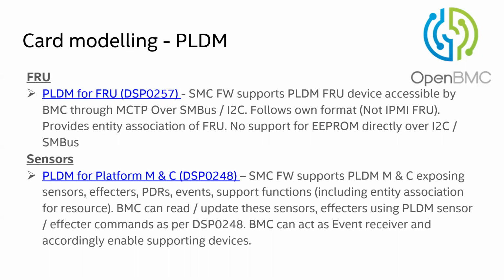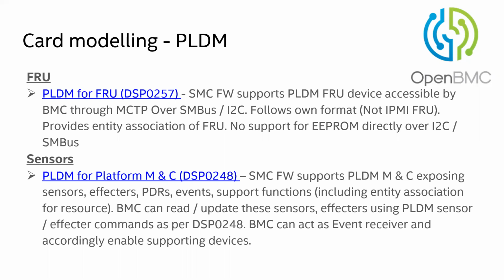Similarly, platform monitoring and control also talks about eventing. The BMC, as a PLDM subsystem manager, once it detects an add-on card, can go and configure the event receiver indication, so that when an event happens, the add-on card can send a message to the BMC, and the BMC will know that this particular add-on card has some problem, or whatever event has happened, and will be able to monitor it.